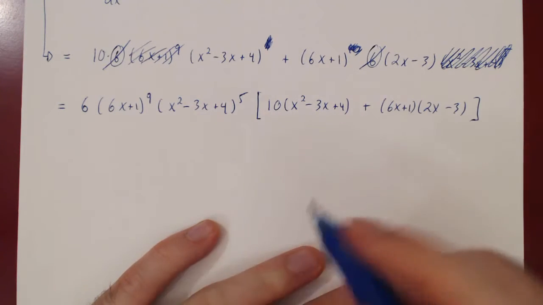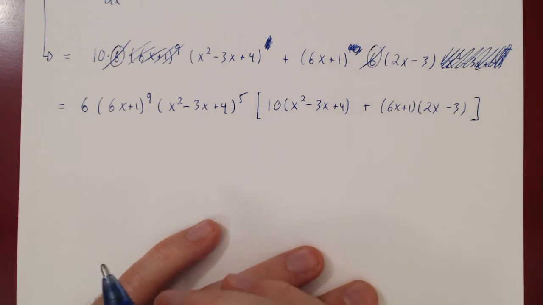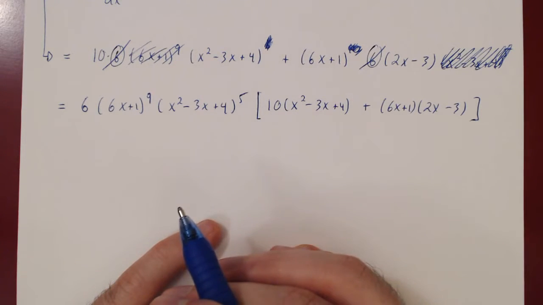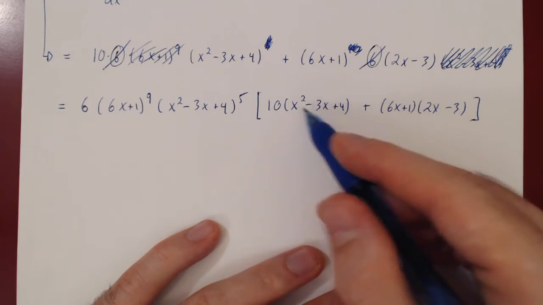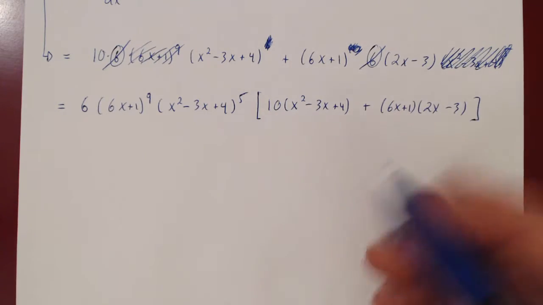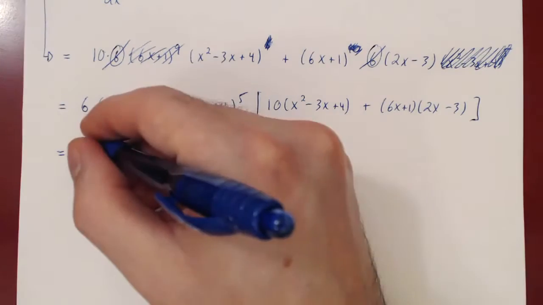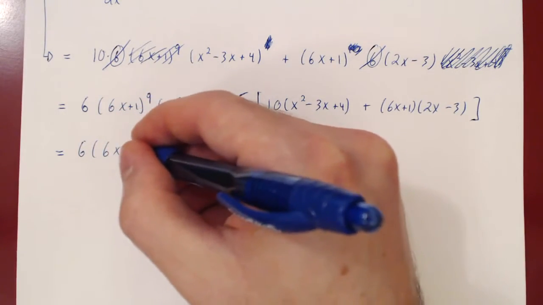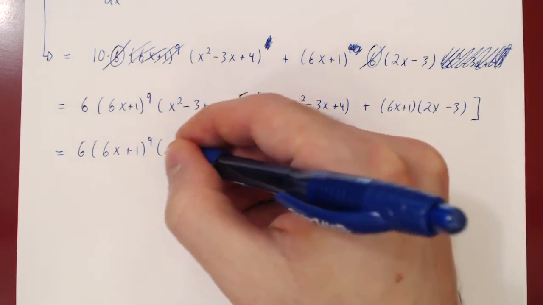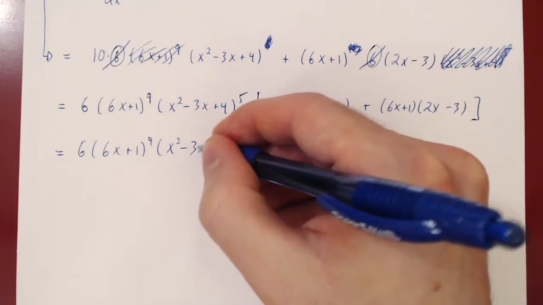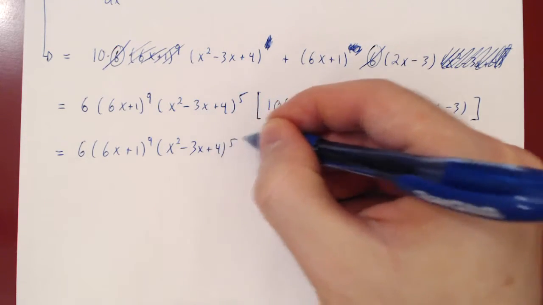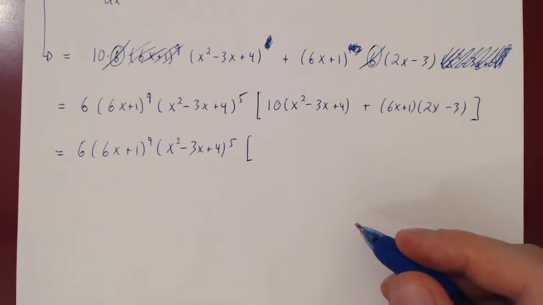And what's left now is simply to multiply both of these expressions and pair up the multiples of x squared, x, and the constant terms. Let's do so. So we recopy what we have here. So (6x plus 1) to the 9, (x squared minus 3x plus 4) to the 5th power, times. Let's multiply.